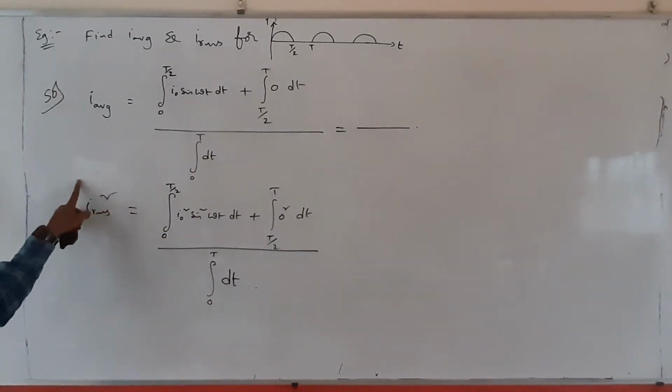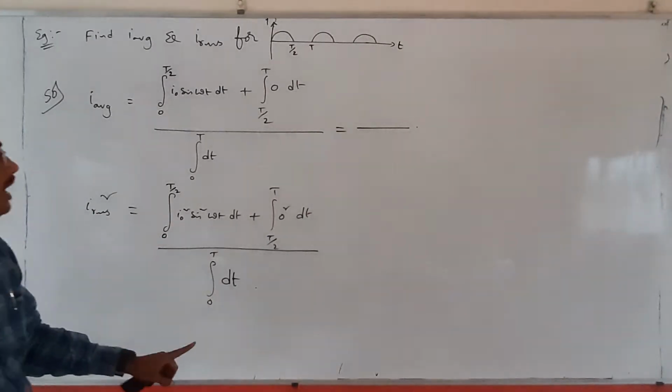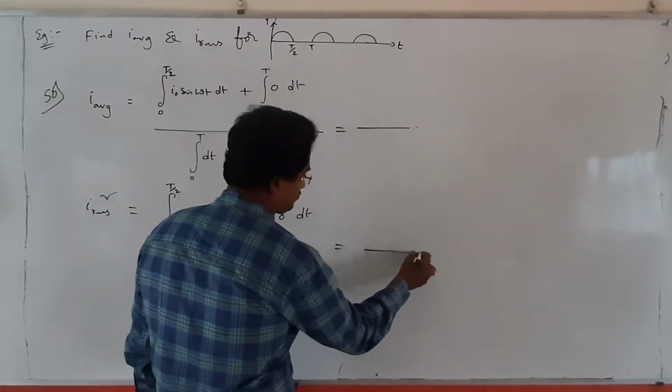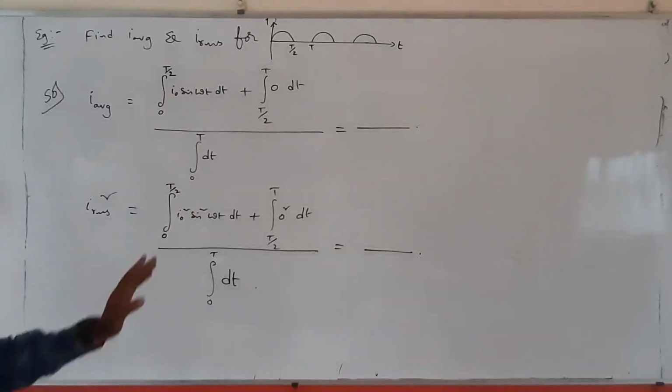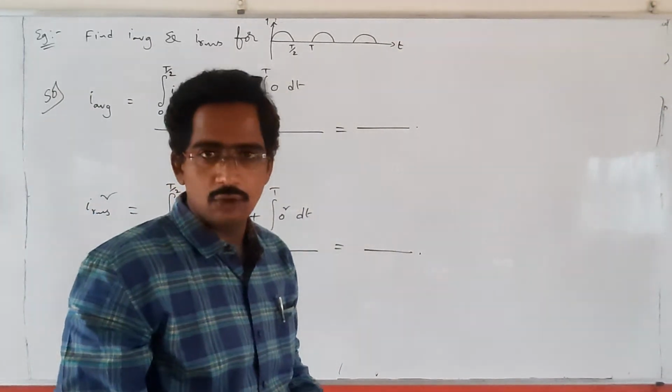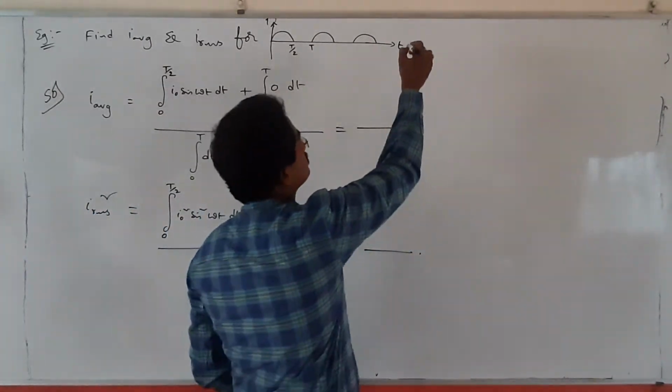So this is the IRMS value. If you solve it, you can get the answer here. It is one problem I am giving you for homework. Okay, next problem.